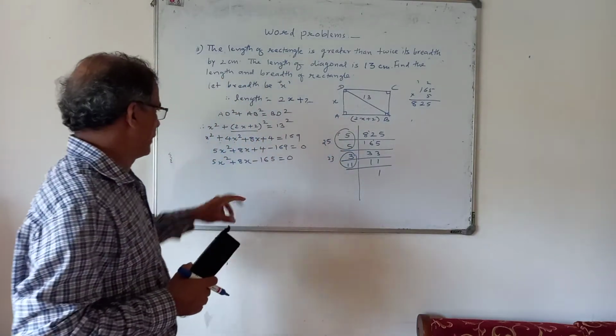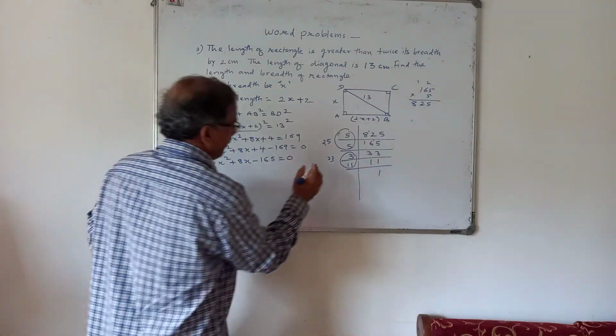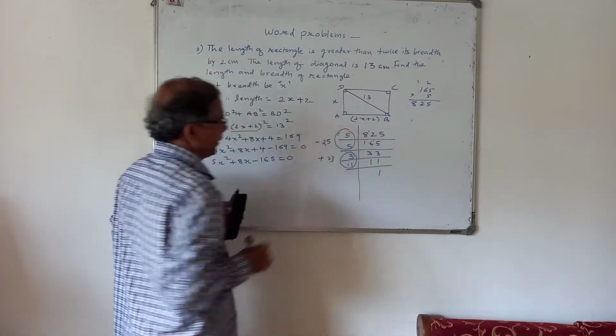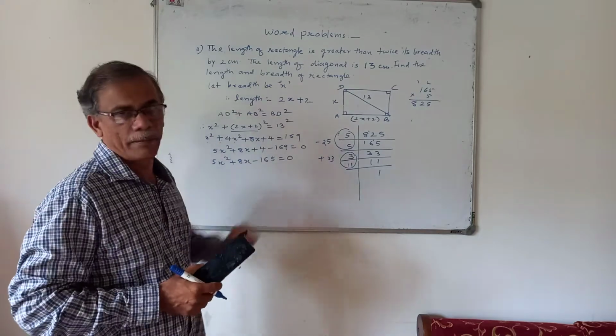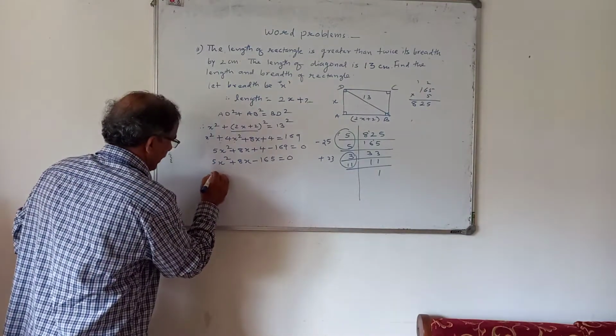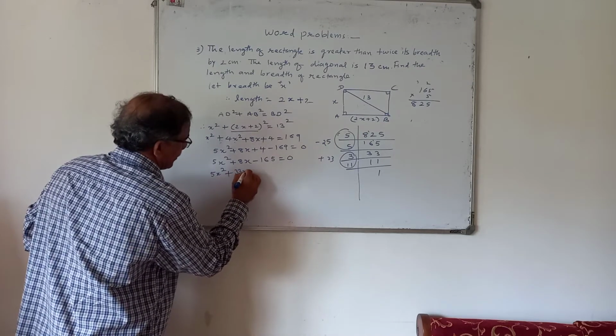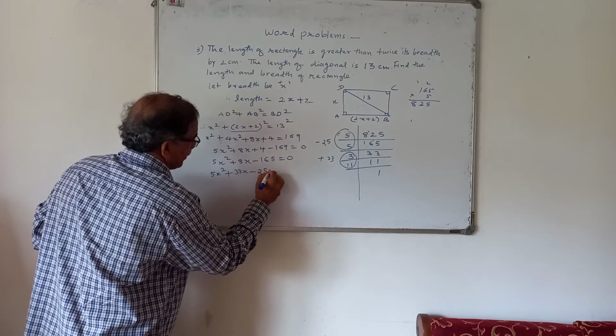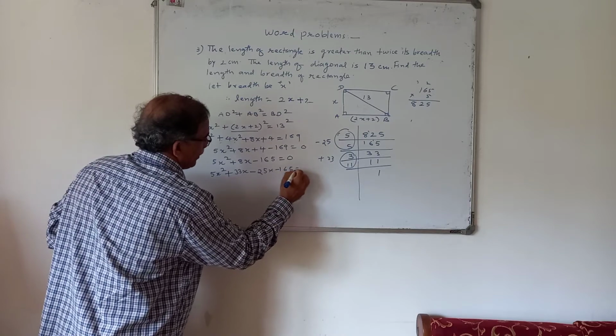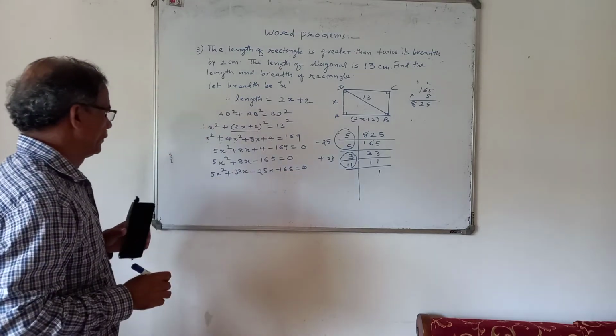So 25, 33, yes, the difference is 8. So this will be positive and this will be negative, because addition is positive, the greater number positive. Okay, so 5x square plus 33x minus 25x minus 165 is equal to 0.